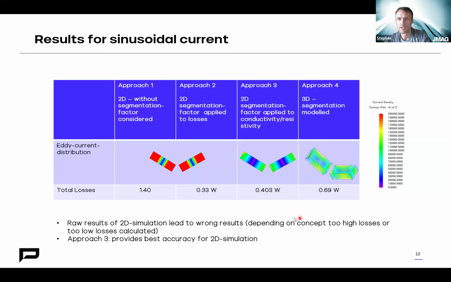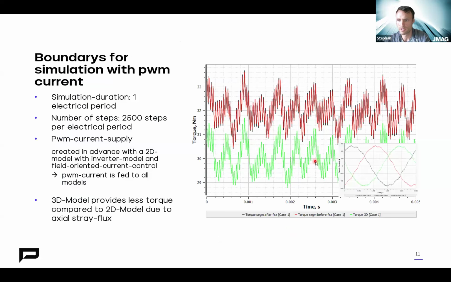And now let's come to the results with the PWM current. Just for information, here we have the torque again, in black and red of the 2D models, and in green for the 3D. It's again the 3D model provides a smaller torque compared to the 2D models due to the same reason as for the sinusoidal current supply.